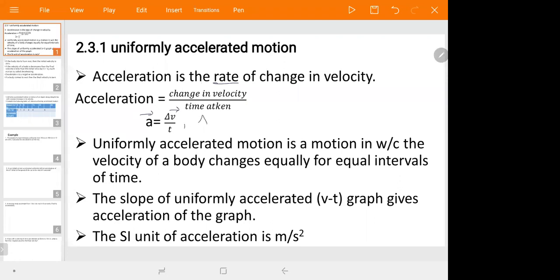Change of velocity is equal to final velocity minus initial velocity, where the symbol delta represents the change.